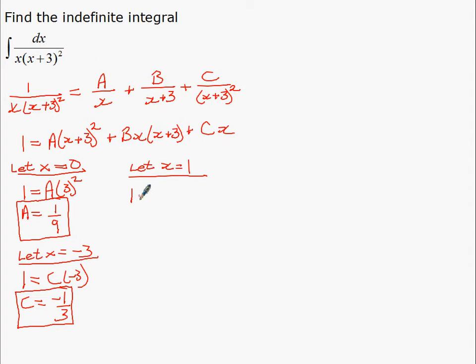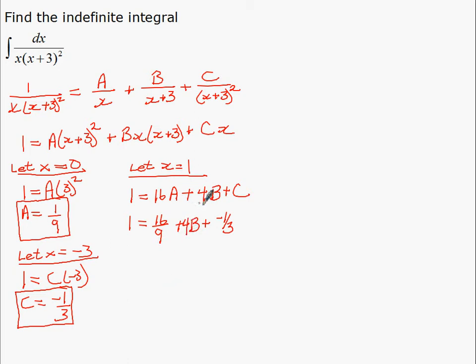So we're going to end up with 1 equals 16 times A, 1 plus 3 is 4 squared, 16, plus B times 1 times 4, so 4B, plus C, 1C. We know A and C, so 1 equals 16 over 9 by putting in A, plus 4B, plus C, which is negative 1 over 3.